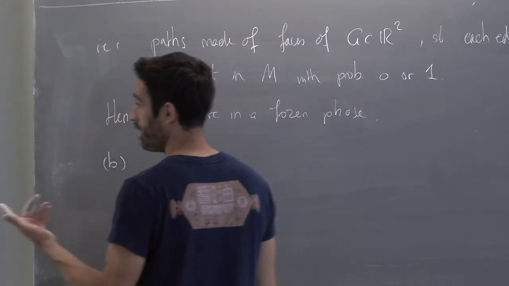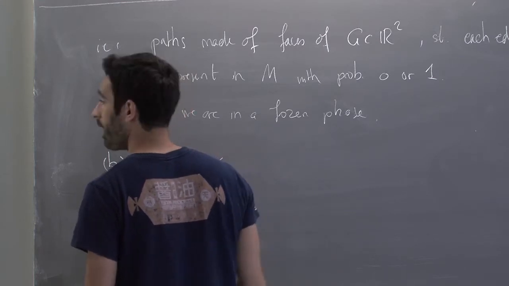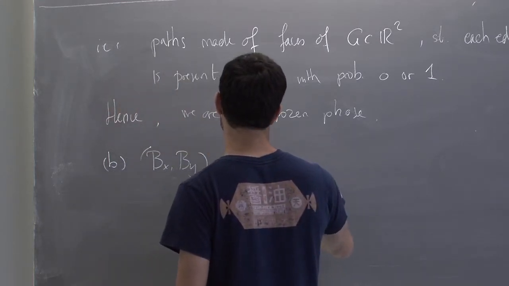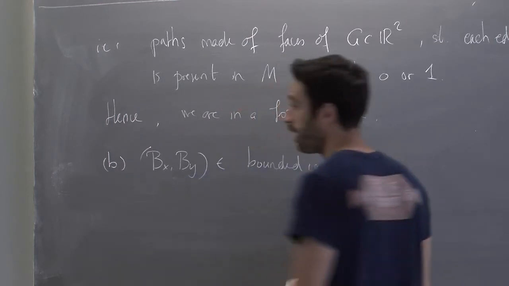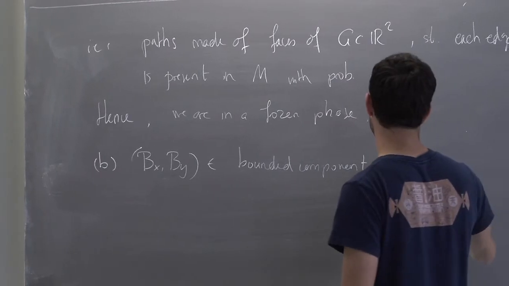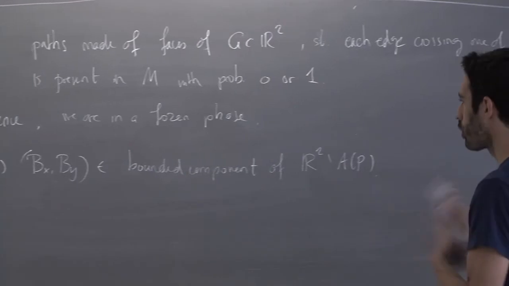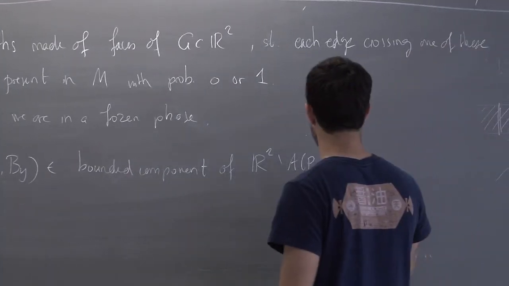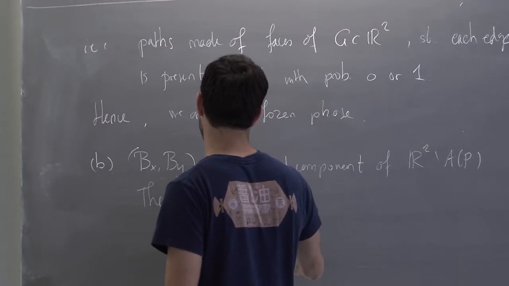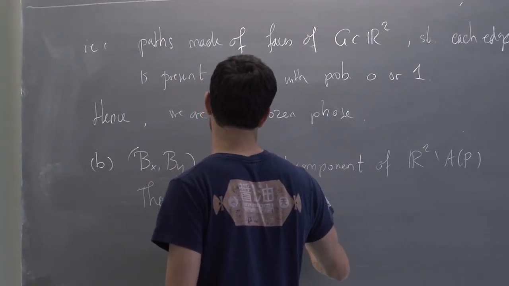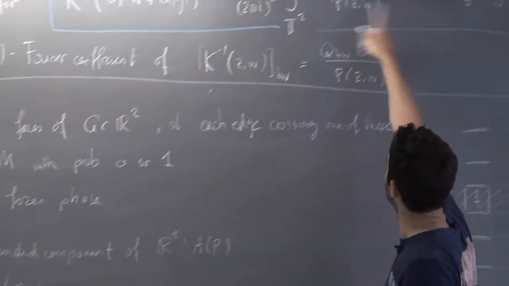Second subcase is Bx, By lie in a bounded component. Well, in this case, they show that it is not frozen. And then here we are good because this thing is analytic.